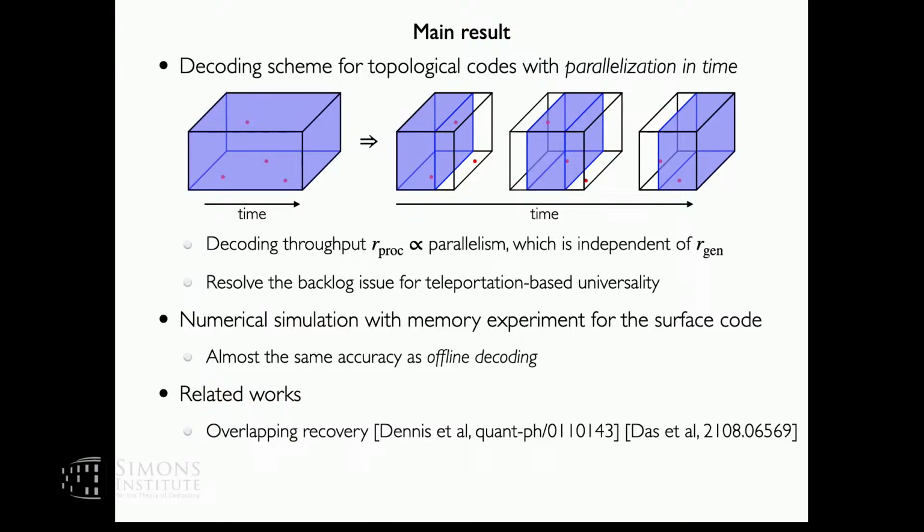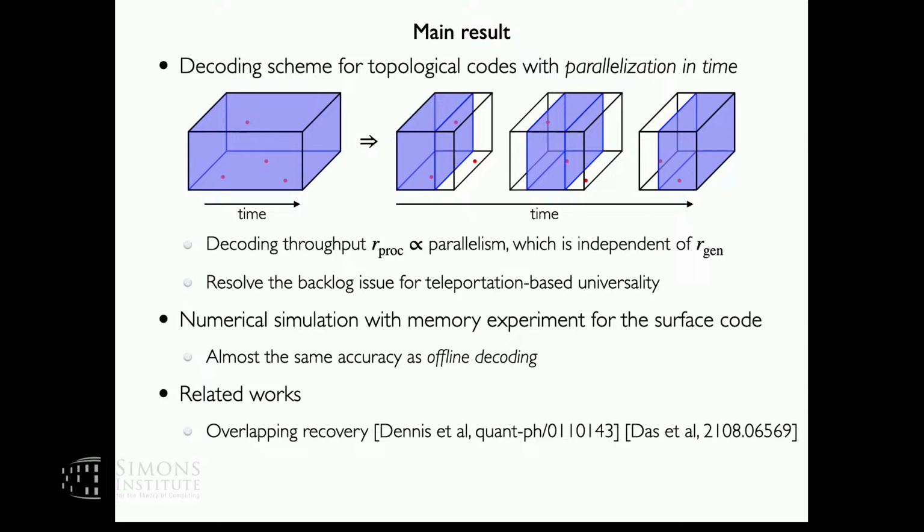Some related work: our work was inspired by this overlapping recovery proposed by the seminal work of Dennis et al. in 2001. This was also recently rediscovered by Das et al. in 2021.